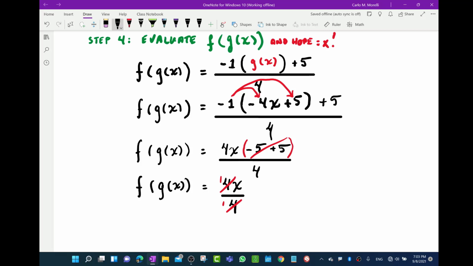So we have done it, folks. f of g of x does indeed equal x. Okay, so this is amazing.